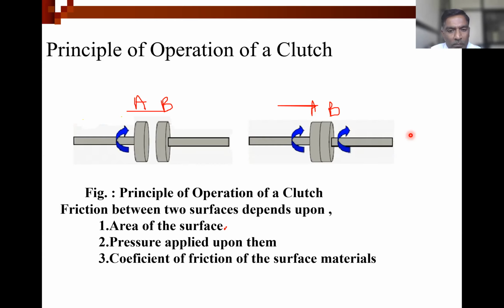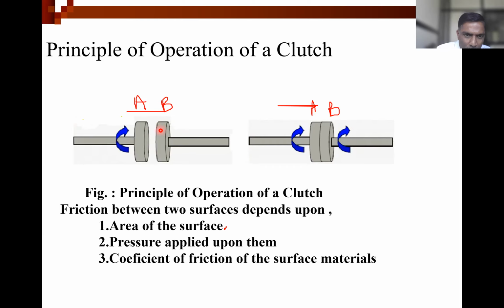Very simple one. Now, based on the torque transmission requirement, the size of the clutch plate will be decided. Basically, this is the flywheel and this one is the friction plate or the clutch plate.